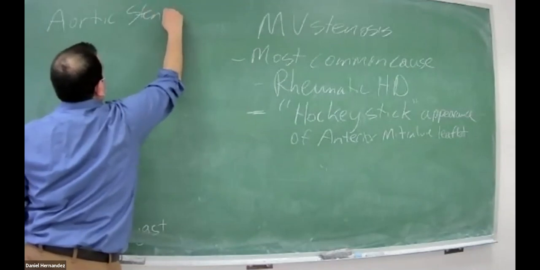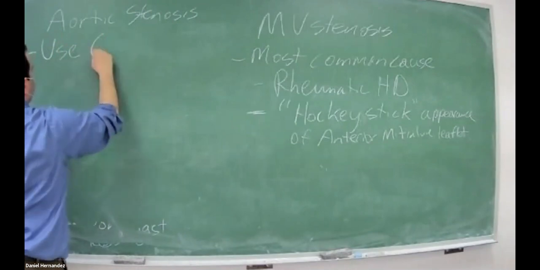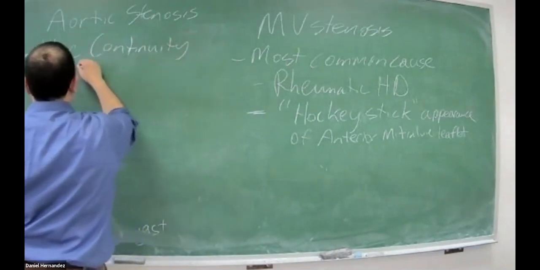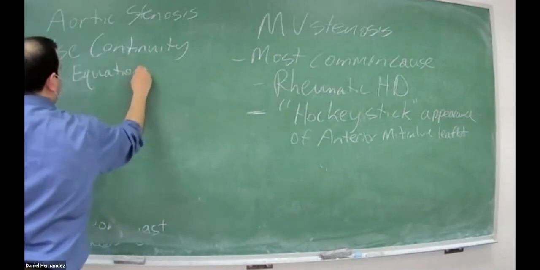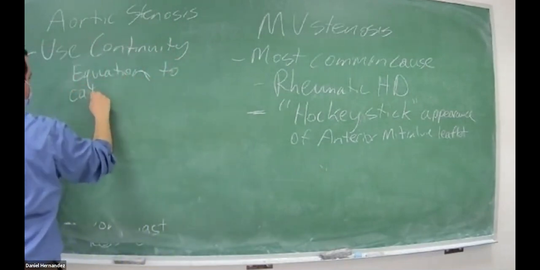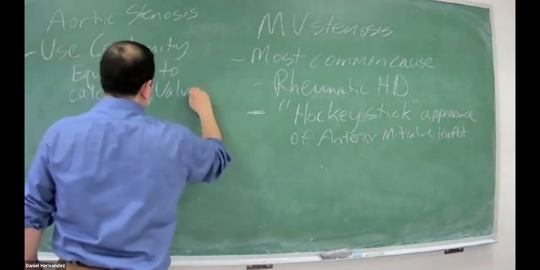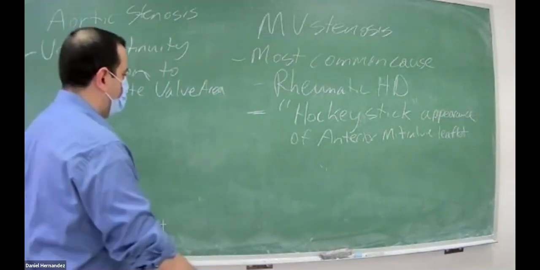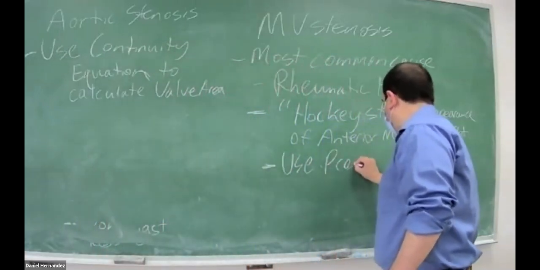Notice, for aortic stenosis, use the continuity equation to calculate valve area. For mitral stenosis, use pressure half time.